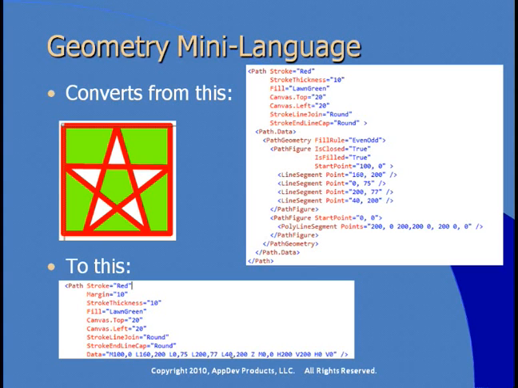And the last V0 says starting at the current point, make a line that goes to the vertical coordinate of 0. And that draws the box around the outside. Now, I didn't create this. What I did was take the markup in the upper box, copy and paste it into Expression Blend, make some change or another which causes Blend to recreate the markup, and this is the markup it created for me.